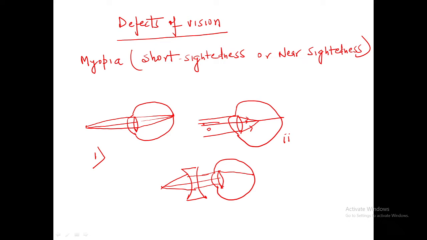So it converges on the retina. So the first case is the far point of a myopic eye.